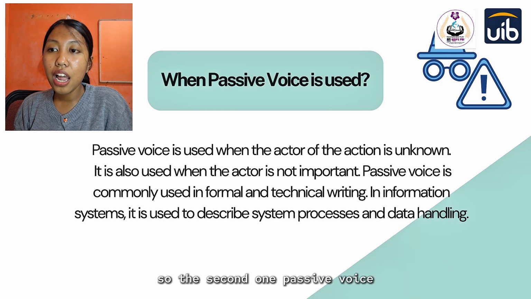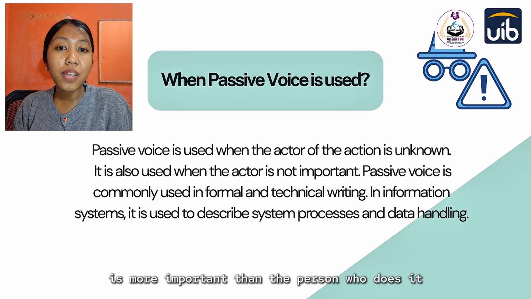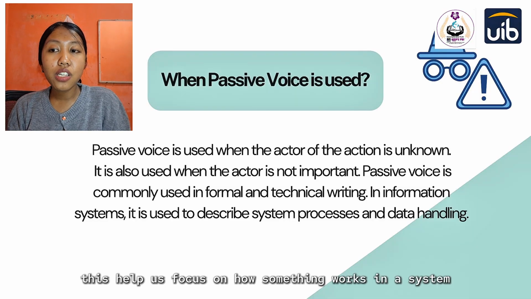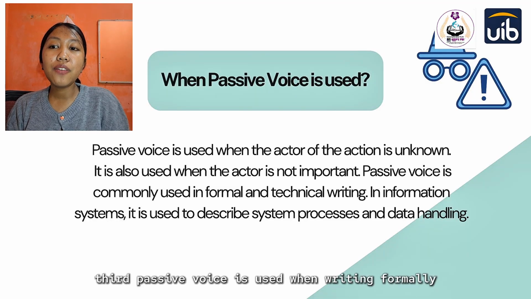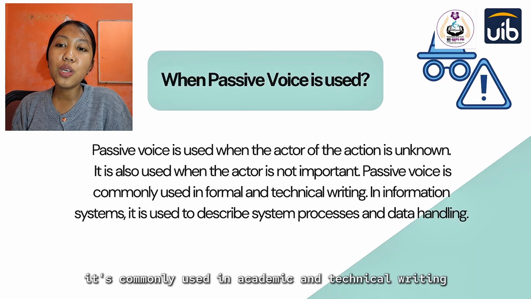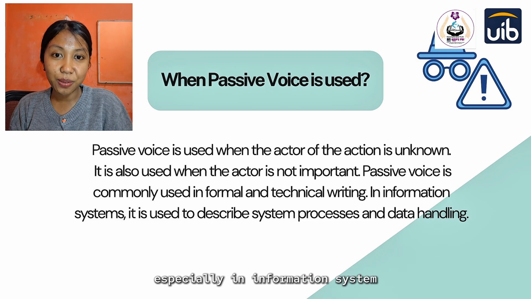The second one, passive voice is used when the process is more important than the person who does it. This helps us focus on how something works in a system. The last but not least, third, passive voice is used when writing formally. It's commonly used in academic and technical writing, especially in information systems.